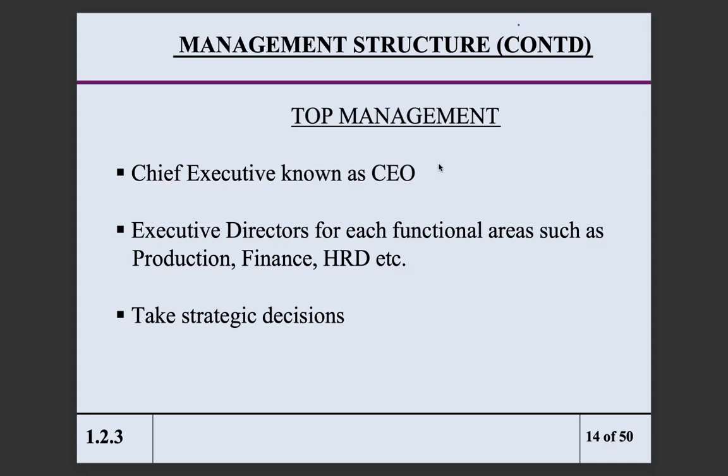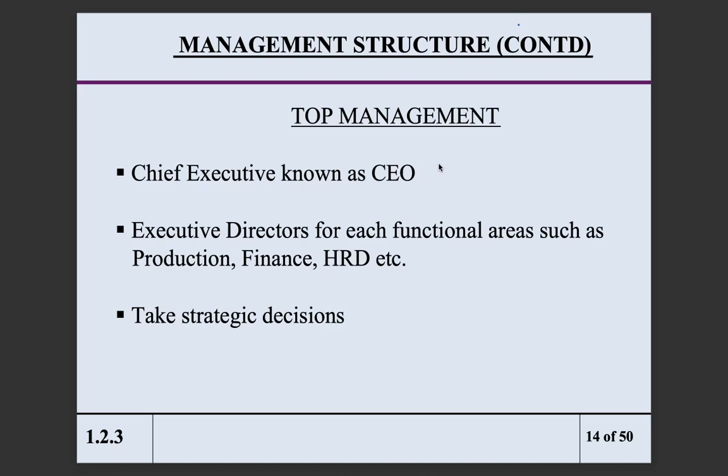So here, for the management structures, at the top of these levels we have the top management. There we can have the CEOs, chief executive officers, and the CPOs, chief process officers.